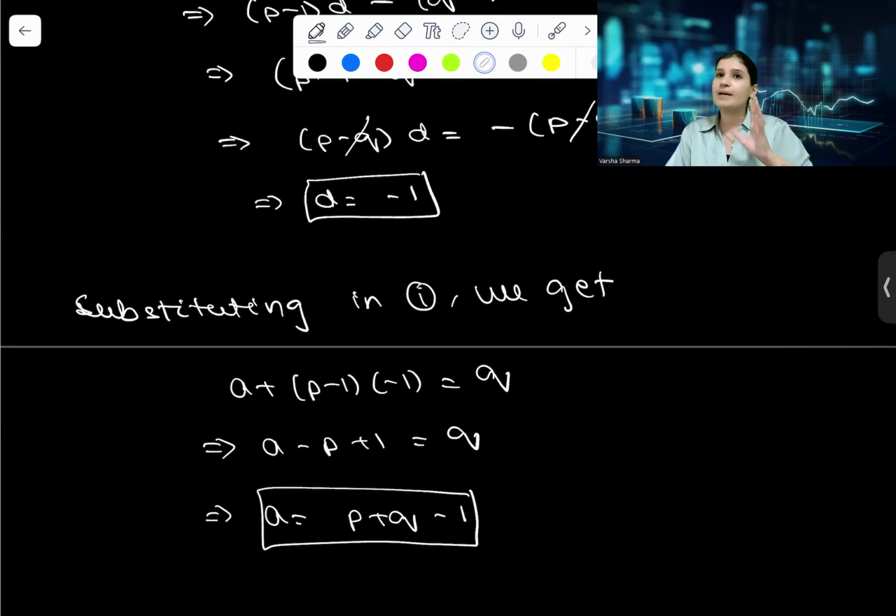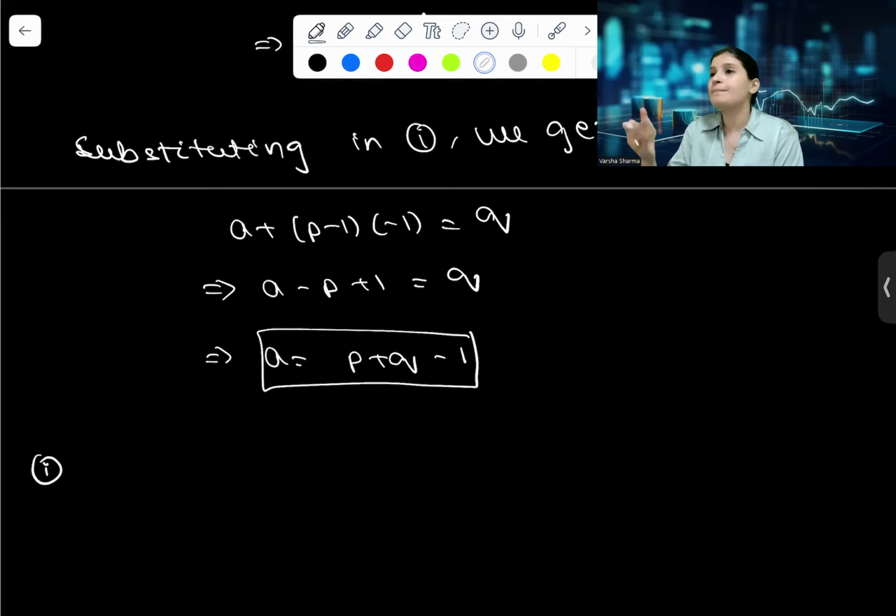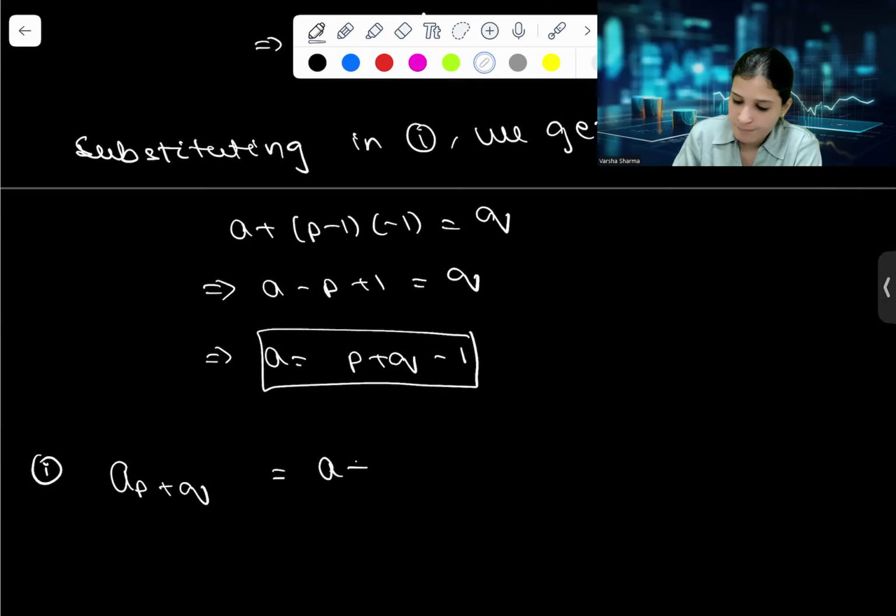So there can be two 5-marker questions from here. If they had asked us to prove the (p + q)th term is 0: the pth term is ap, so the (p + q)th term will be a(p+q). Put it in the formula a + (n - 1)d, where n is p + q here.